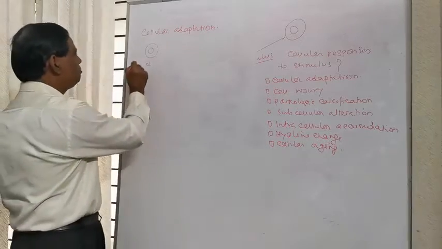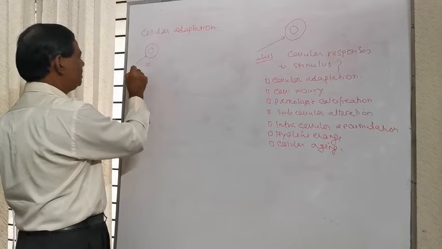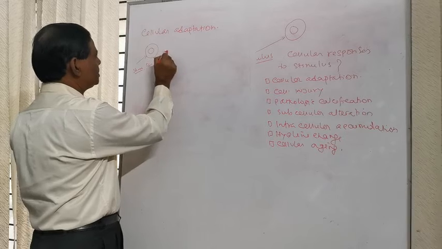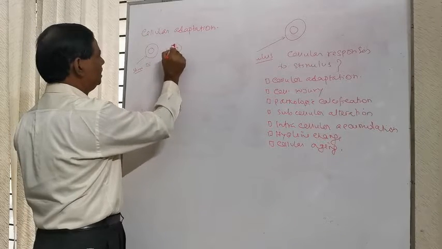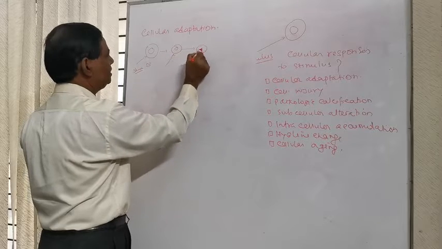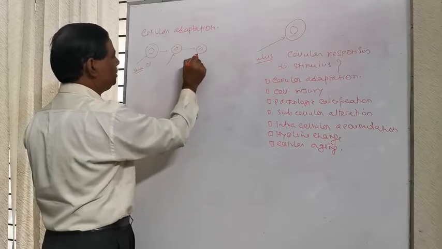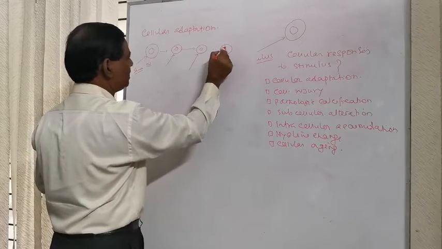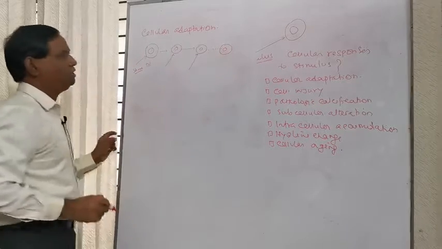If we put stimulus to this cell, আমরা stimulus দিলাম, cell is functioning well. Again we put stimulus, the cell is functioning well. Again we put stimulus, and at this moment the cell failed to perform its normal activities.